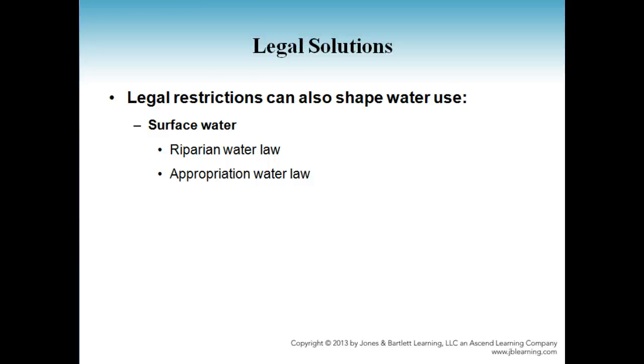In Maine, there is riparian water law, but it's much more common to have very intense riparian water law around urban areas where the use or non-use of areas around the rivers is highly regulated. You can also have appropriation water law that dictates who can take what and when.